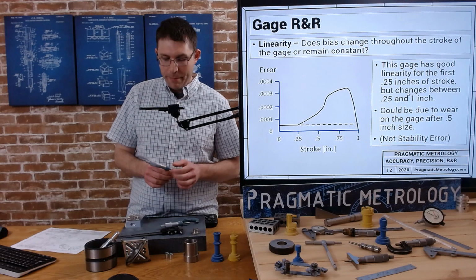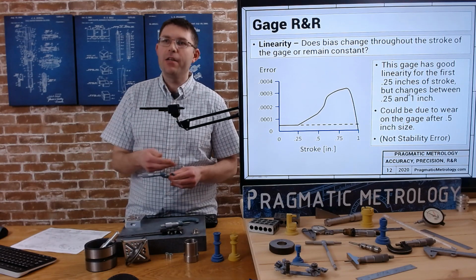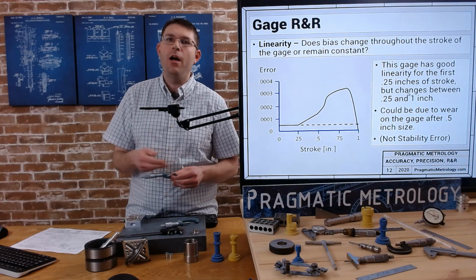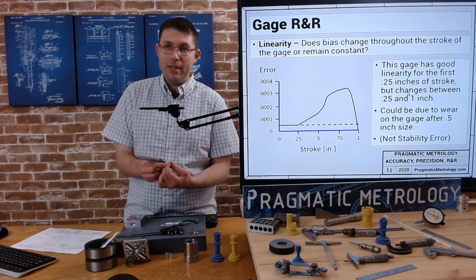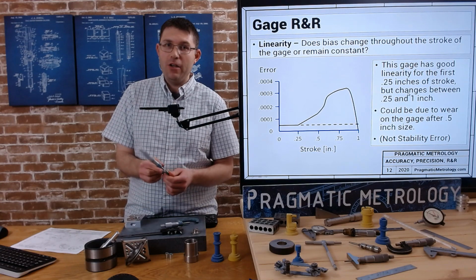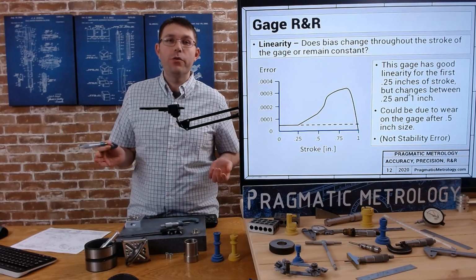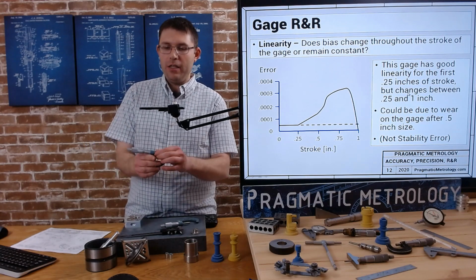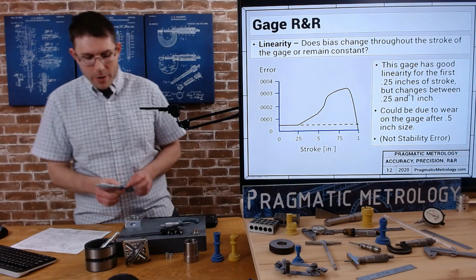So there must be some error. I've probably been opening and closing this around a certain spot a lot and wearing it. The danger is I only checked it at the beginning. If I had a tight tolerance part, maybe with only 2 or 3 10,000ths of tolerance, and I start using it mid-stroke, I get more error here.